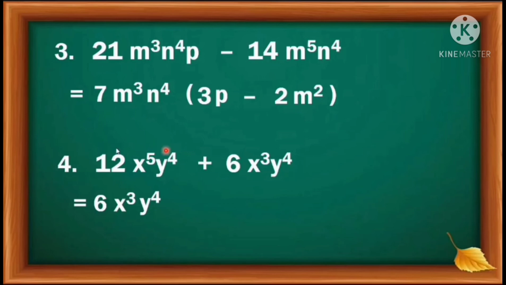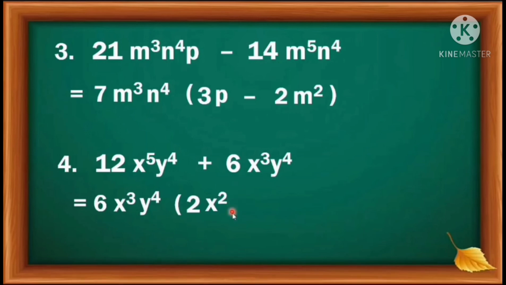Next is to divide this polynomial by the GCF. 12 divided by 6, that is 2. X raised to 5 divided by x cubed, that is x squared. Y raised to 4 divided by y raised to 4, that would be equal to 1, and we no longer need it to be written here.